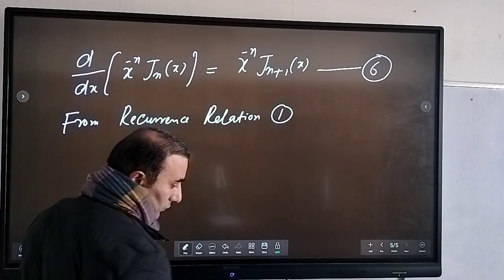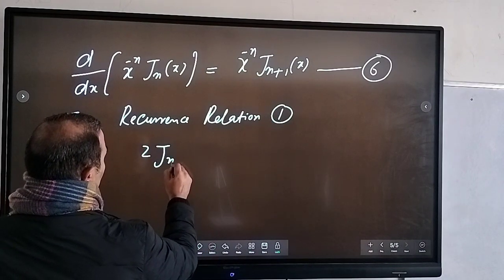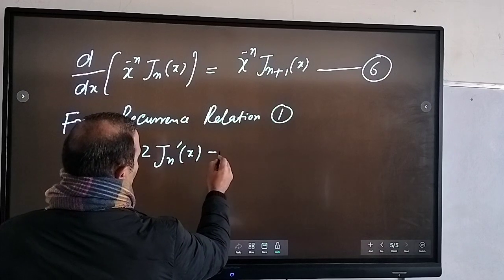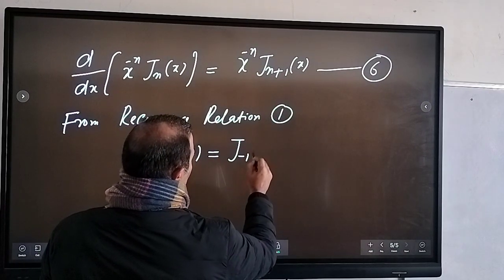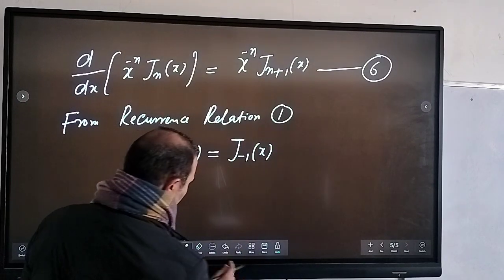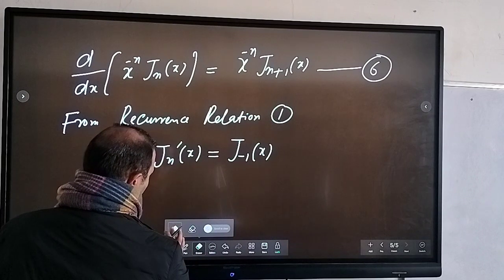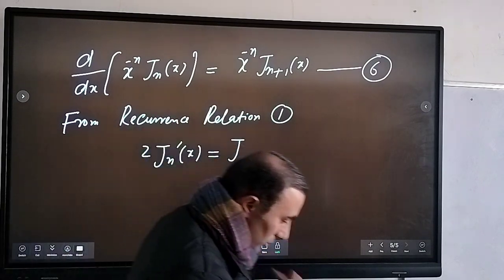first, so what is the first relation, that is always J_n dash of x, so that's equal to J_{n-1} of x. So is it, sorry, so I need to check what that relation is.